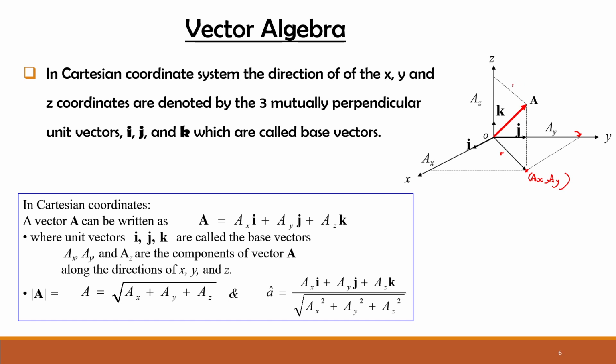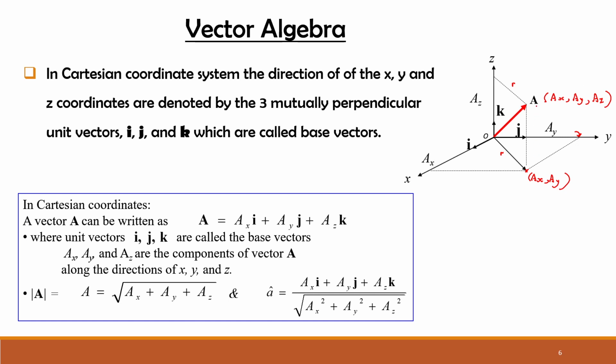Okay, and then you raise up r. Let's say in the z-axis we have a magnitude of about az units. So from the r here, you raise up about a positive az unit, up to here, and this will be your vector A, at the coordinate ax, ay, az.